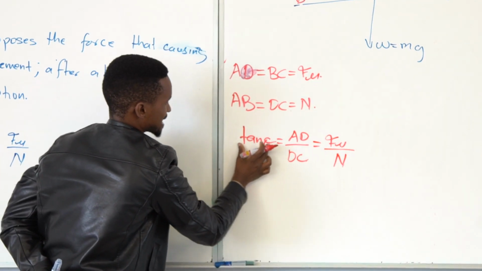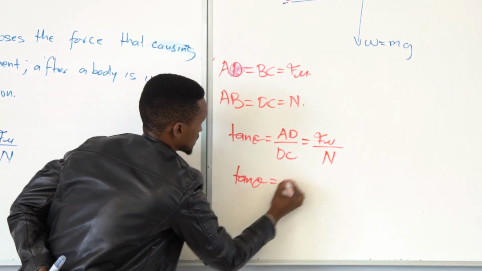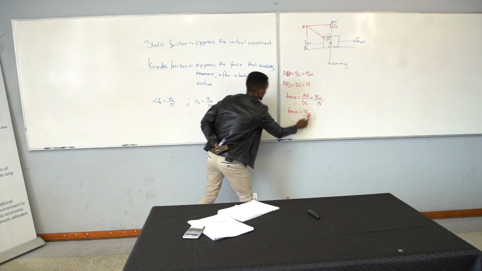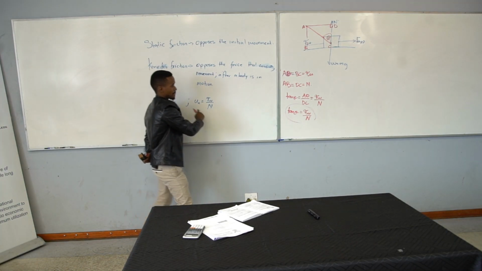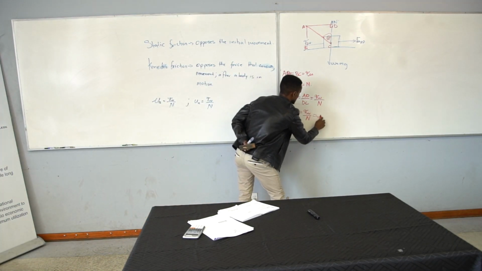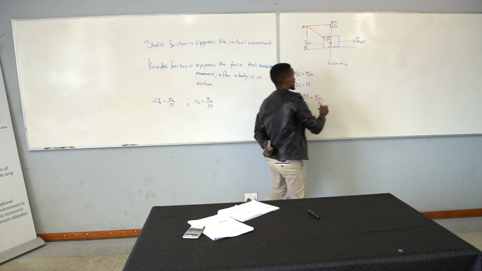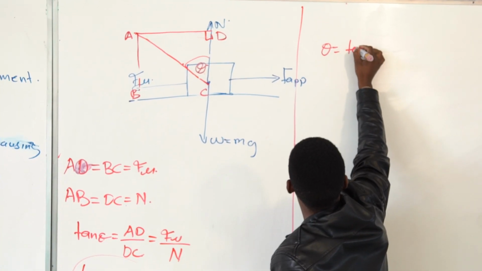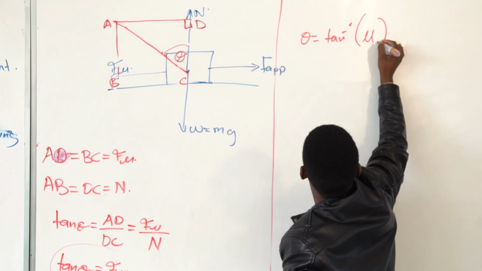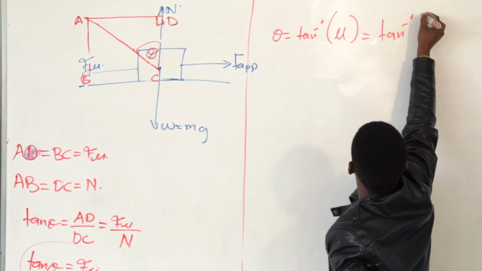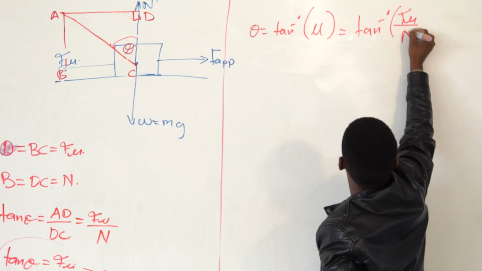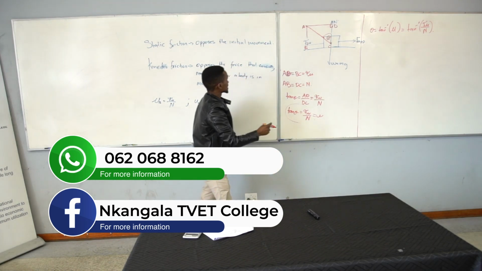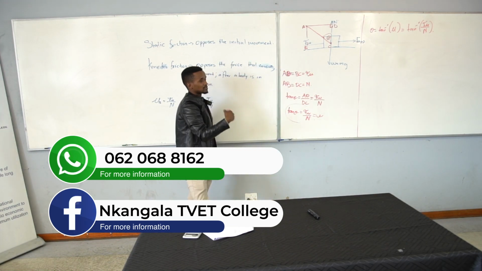So as you can see now, we have tan theta equals the frictional force over the normal force, and this gives us our coefficient of friction. So calculating the angle, you're going to say theta equals arctan μ, which is the same as arctan of the frictional force over the normal force, right? So that is the angle of friction. That's the question that they can ask you on this one.